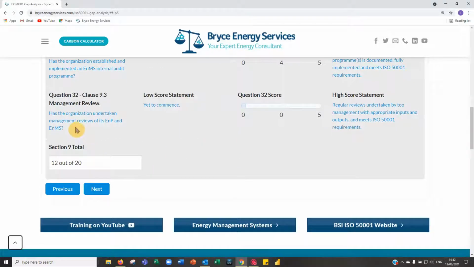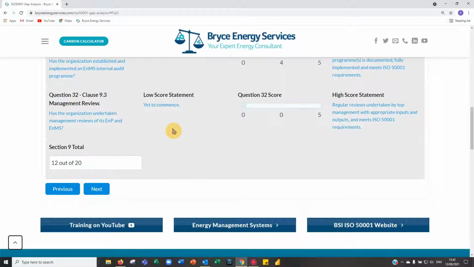Management review. Has the organization had a management review? So as with all ISO standards, senior management have to be directly involved in the process and participate in at least an annual management review of the energy performance and also the energy management system itself.